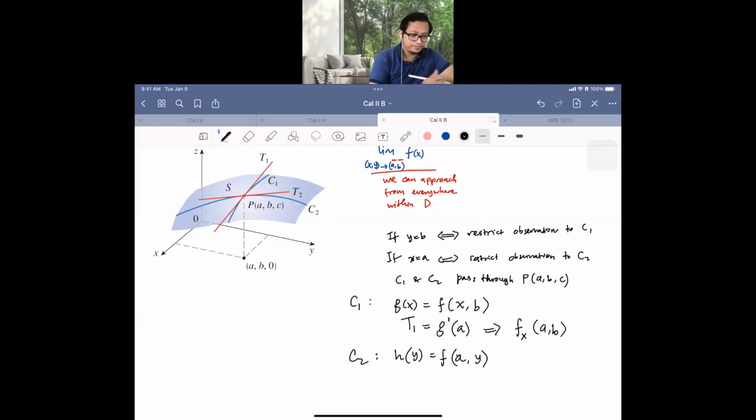Okay, and this will get the idea for the tangent is h prime of b. And thus this defines our partial derivative with respect to y at point a, b.